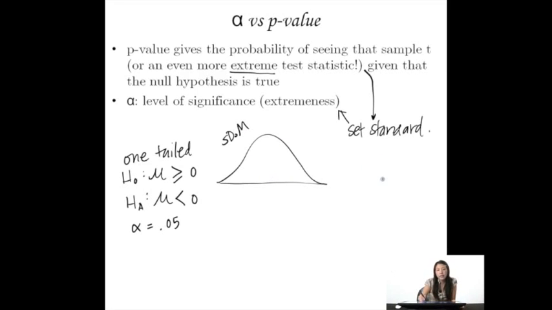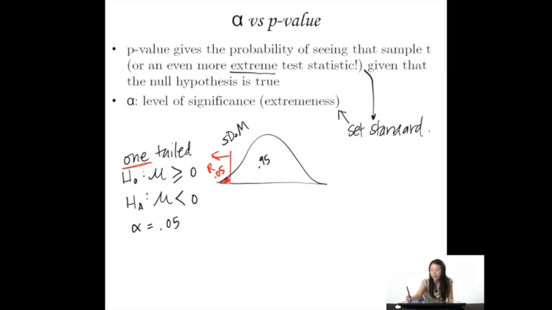You only care if your x value is way smaller than your population mean. So you might set up this as your rejection zone. It's only on one side because it's one-tailed, and these little ends are called tails. That probability will be 0.05, and the fail to reject side will be 0.95.